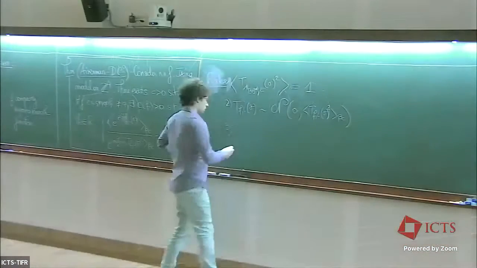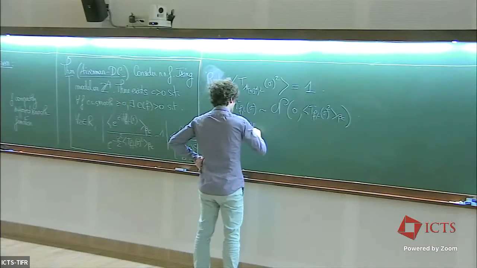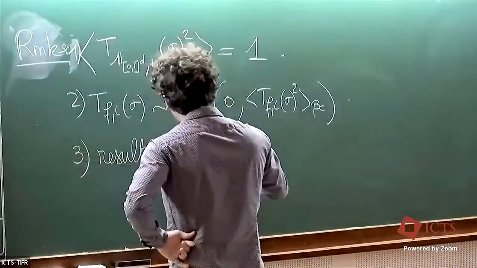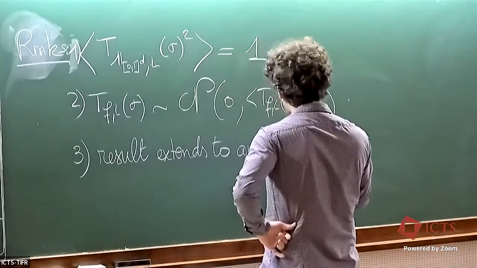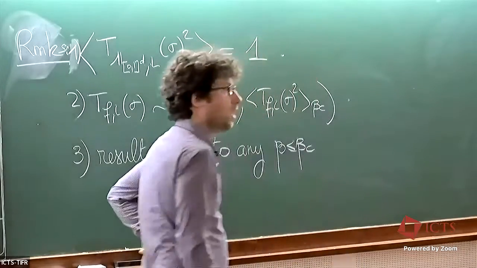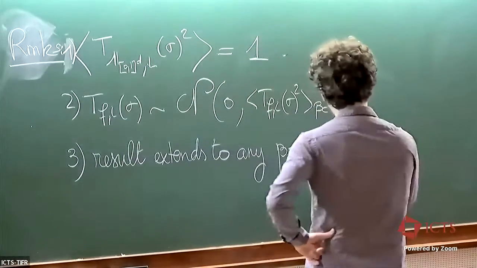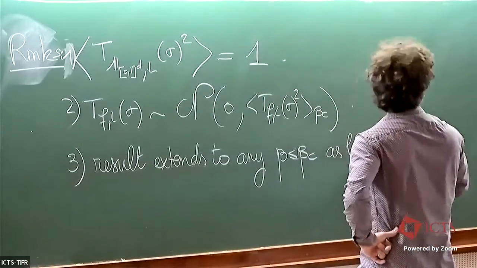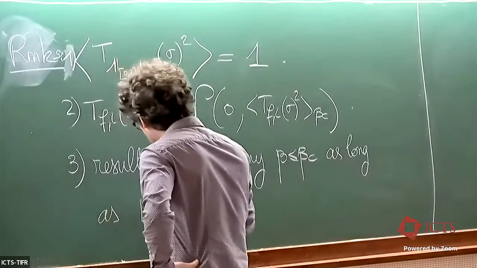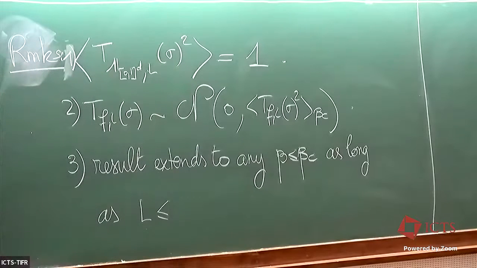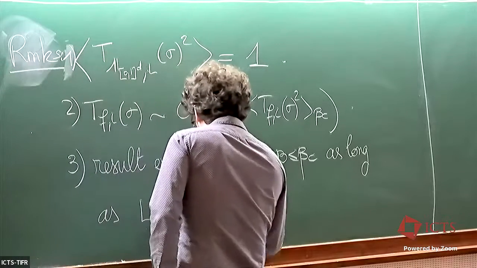In fact, the result extends to any beta smaller or equal to beta c, as long as you assume that the L you take here, where is L? Here. This is also for every L. The L that you take here is smaller than what we call the correlation length.